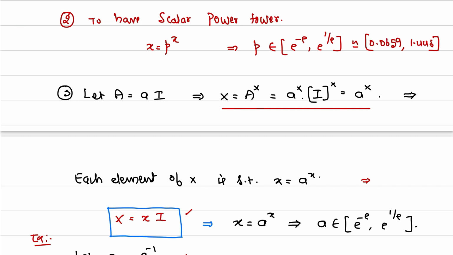A should be diagonalizable, and for diagonalizability of the matrix, we have seen A is equal to P D P inverse. Then we can find the value of this particular power tower of a matrix.